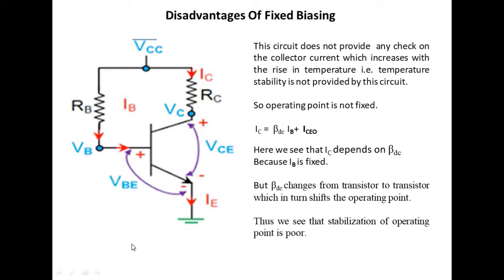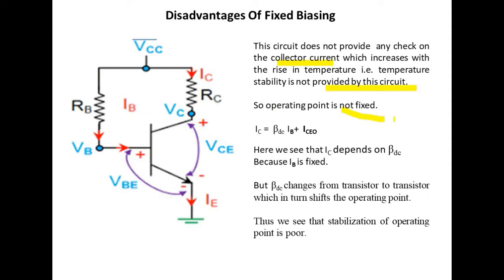Now come to the disadvantages of fixed biasing. The circuit does not provide any check on the collector current, which increases with the rise in temperature. That is, temperature stability is not provided by this circuit.